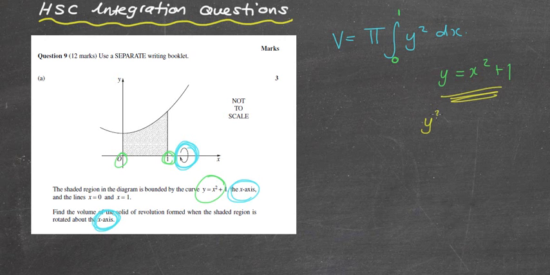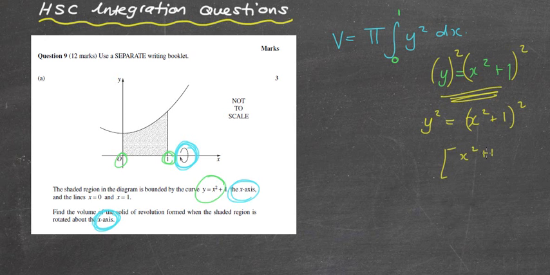We need to have what y squared is equal to. Okay, so we need to square these things. So we can have x squared plus 1 all squared. Now, sometimes we can leave it and we can use this as the chain method. If we integrated this, let's have a quick look at it.